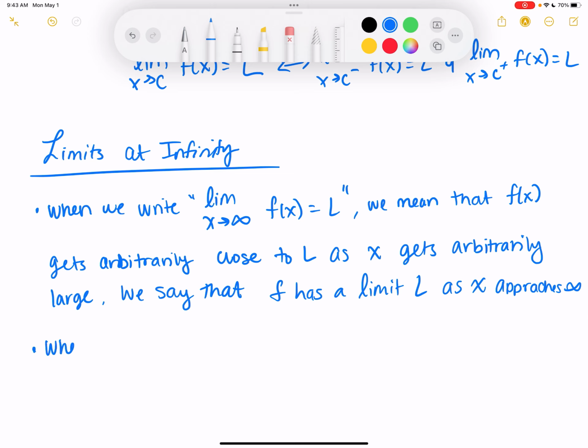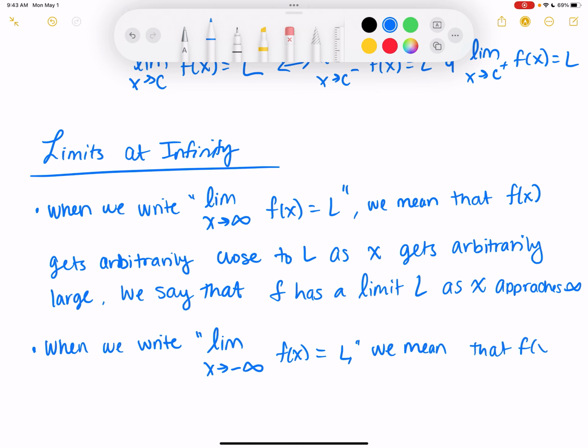And then the other one, when we write the limit as x approaches negative infinity of f of x is equal to L, we mean that f of x gets arbitrarily close to L as negative x gets arbitrarily large.